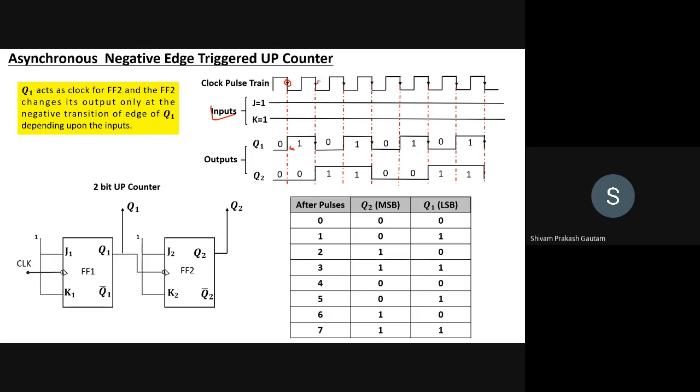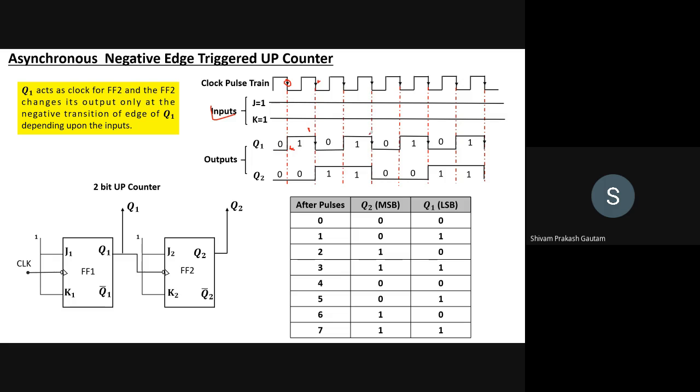Here again, now Q1 is having the value of 1, so it will again change its state and it will go to 0. Then again at this negative edge triggering, it will change, and so on and so forth. You can follow this, right? So 0 1 0 1 0 1, and so on.